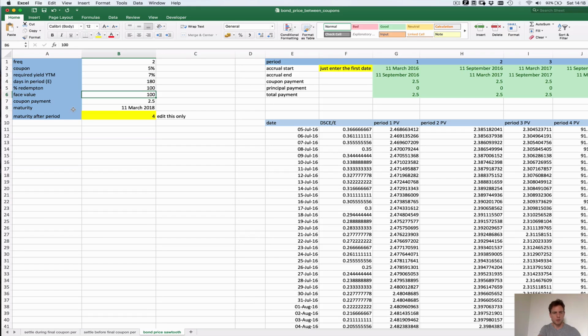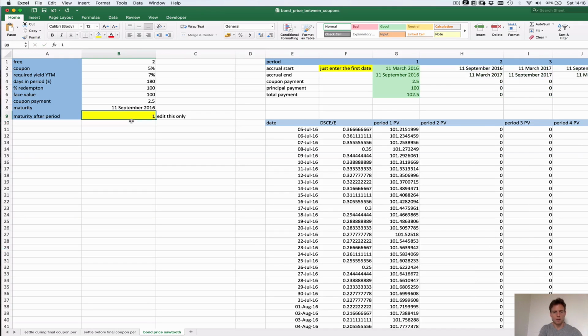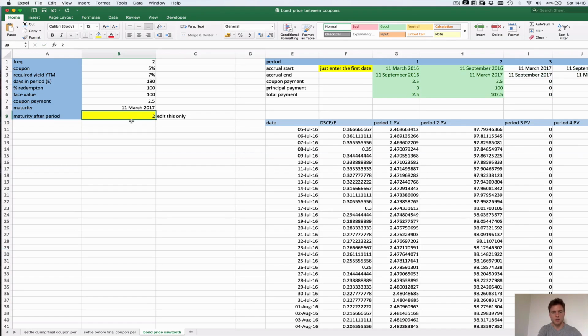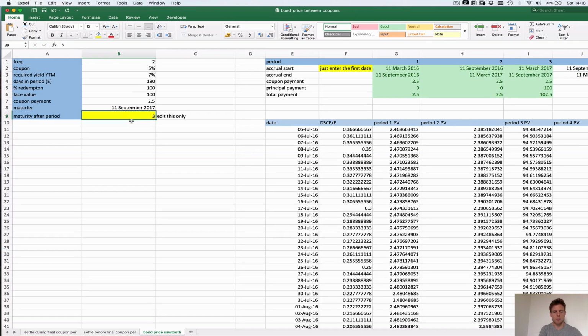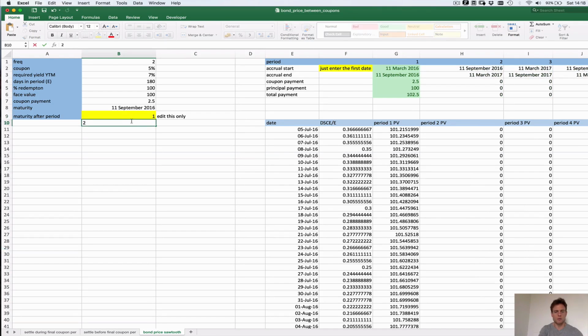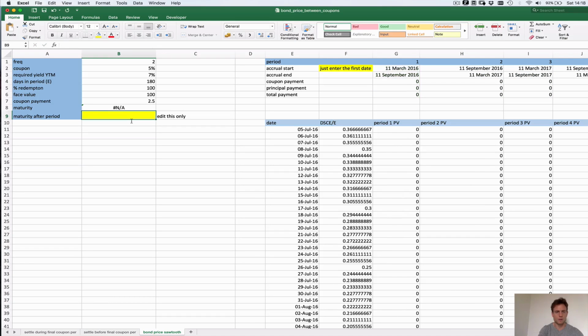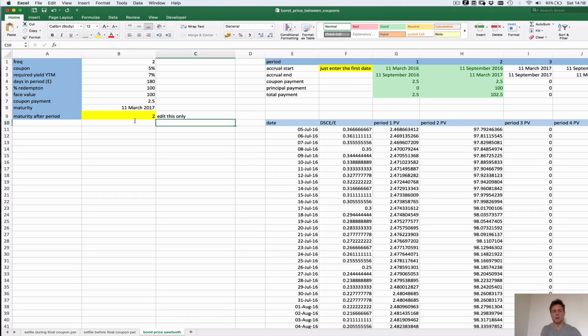Face value is $100. The coupon payment is calculated based on the coupon rate, which is B2, multiplied by the face value. For the maturity, you can play around with the periods here, so you can say it matures after period 1 or period 2. And where are those periods?